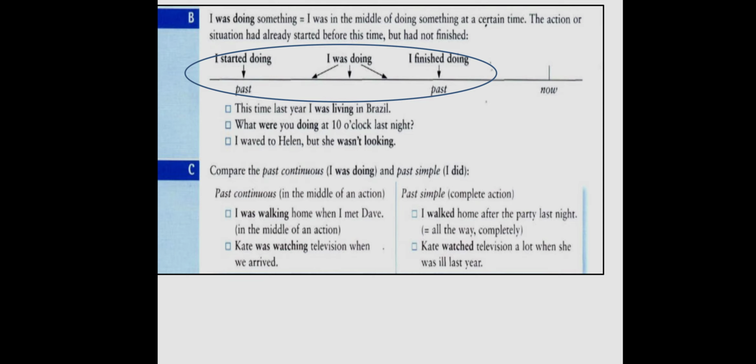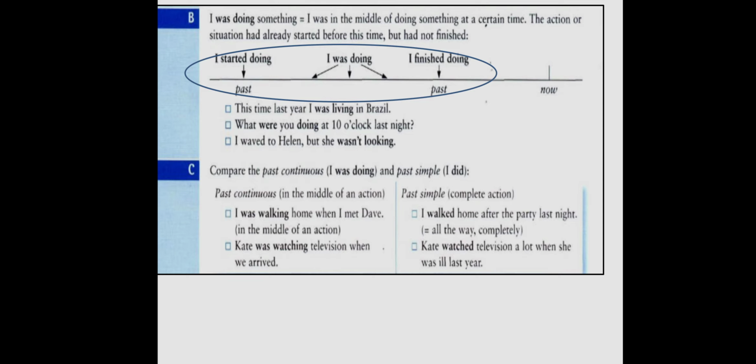Kate was watching television when I arrived. When we arrived, we arrived, entered the house, finished. Kate was watching before we arrived, and Kate remained watching after we arrived. So the long action was Kate was watching, so it took past continuous.